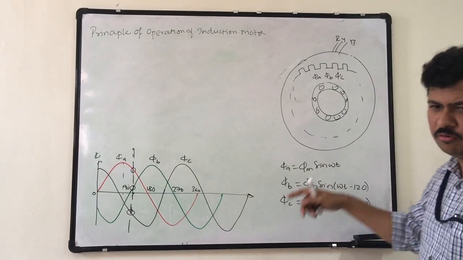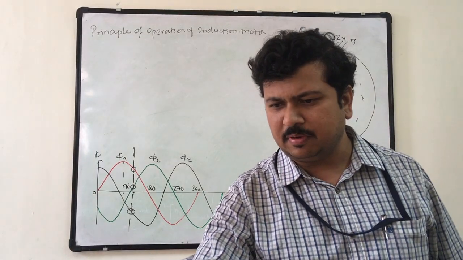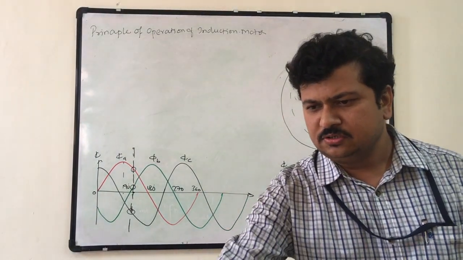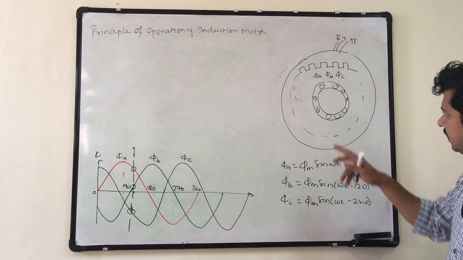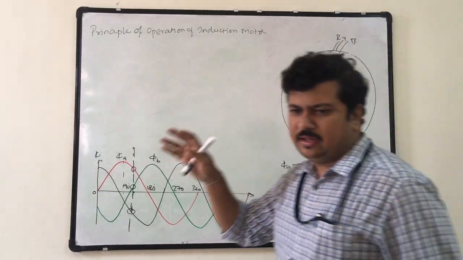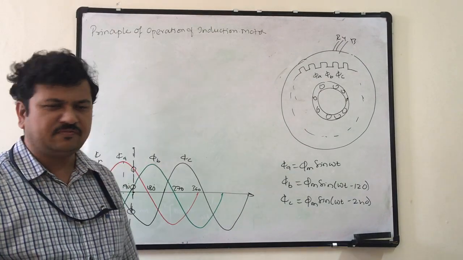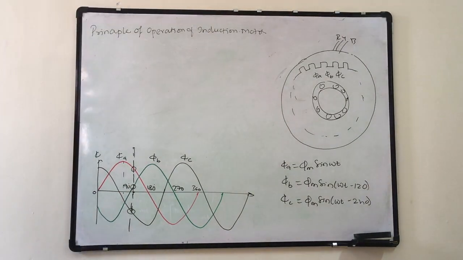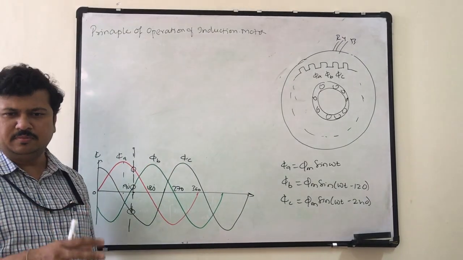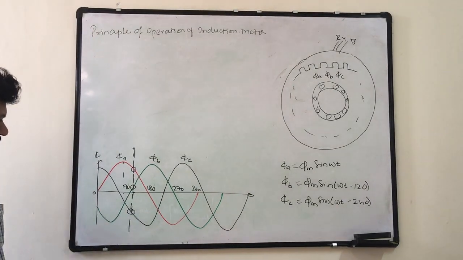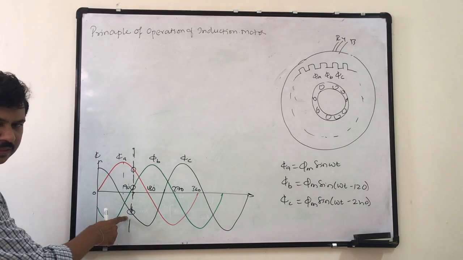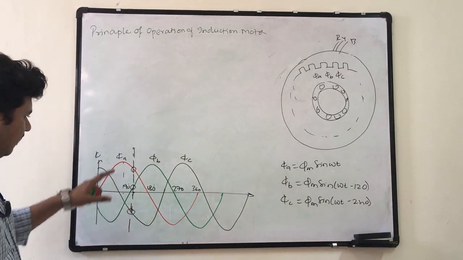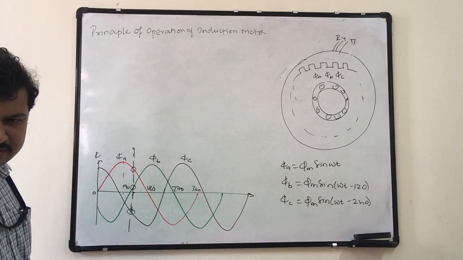Okay, and at what omega t, what is the value, we can get by substitution. So what we see here is there are three fluxes phi A, phi B, phi C. Either it may be phi A plus phi B minus phi C, phi A minus phi B plus phi C, phi B plus phi C minus phi A, whatever combination depending upon its value. Now with respect to this, phi A is positive, phi B is positive, phi C is negative. So the total flux will be phi A plus phi B minus phi C.